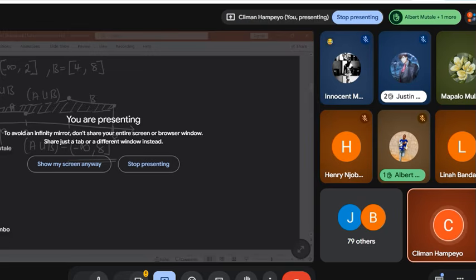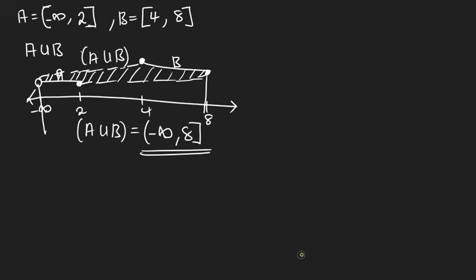The complement. Now, complement. Let's say you have set A is equal to 1, 8.